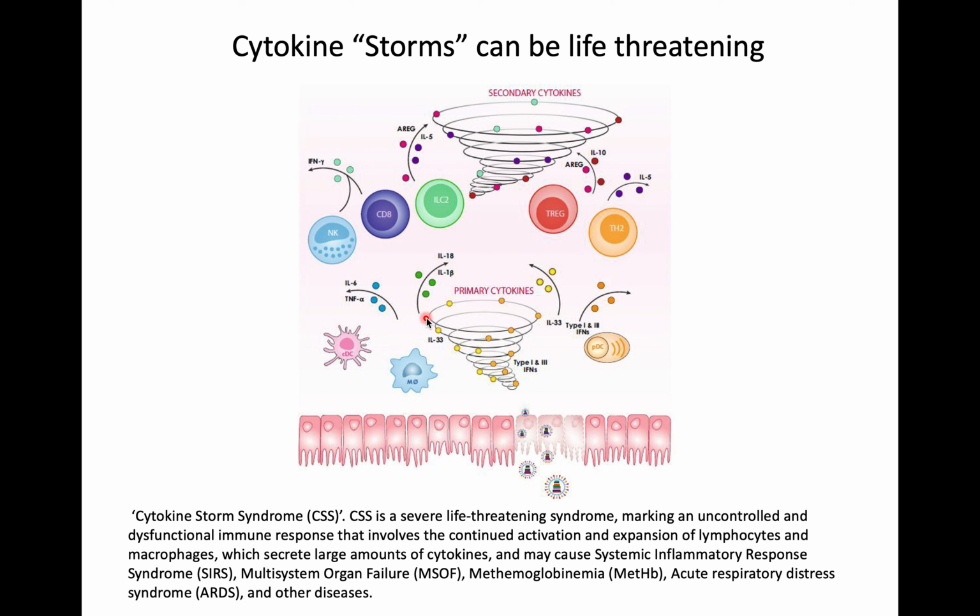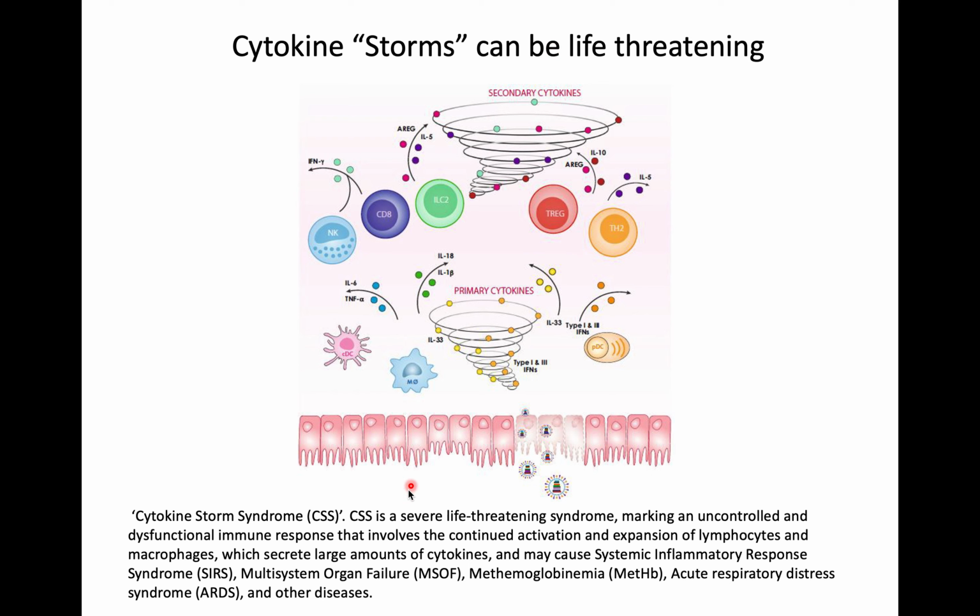And so the whole idea here is you're getting these waves of cytokine activation, right? Primary cytokines activating cells that are then producing secondary cytokines. This can essentially be like a positive feedback loop where you're getting too many immune cells activated, too many cytokines being produced. They're very potent signaling molecules.